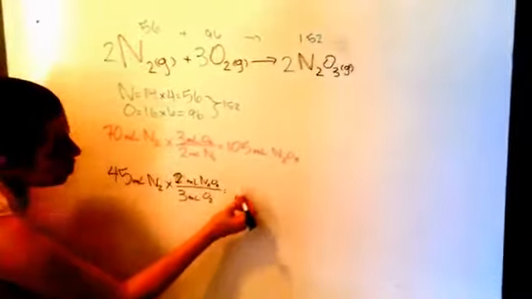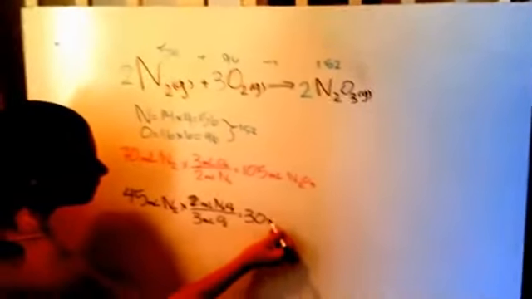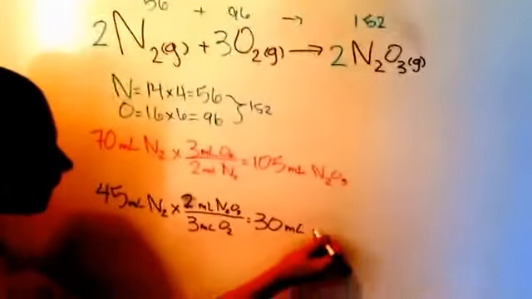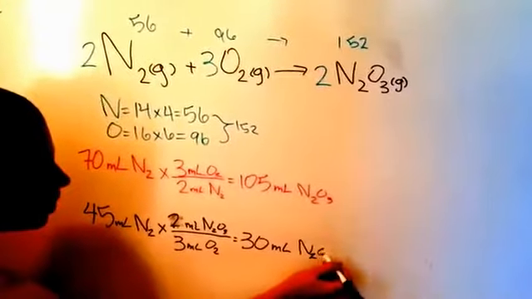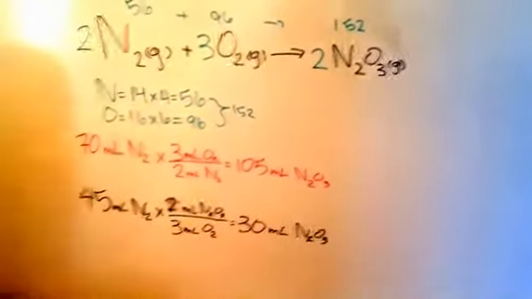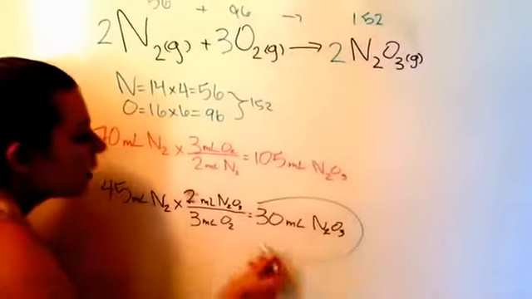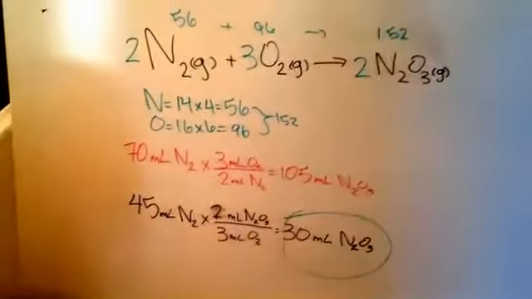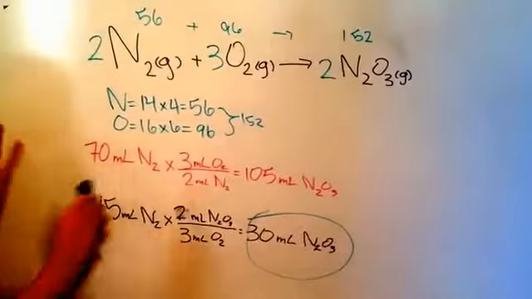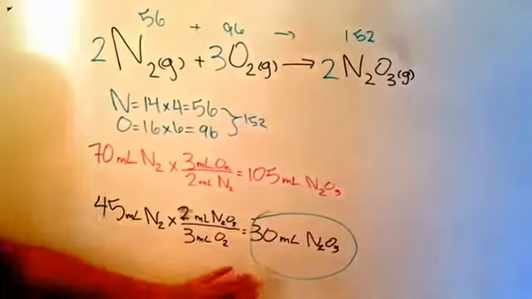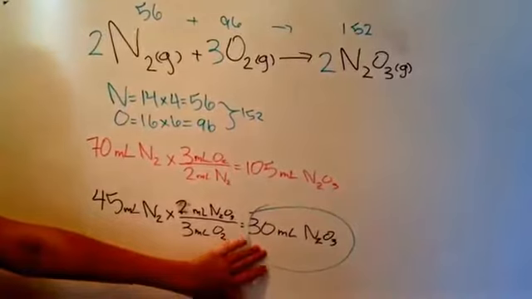And that is equal to 30 milliliters of N2O3. And that is our answer because it is the smallest number when you plug in all the numbers and everything. So that is our final answer, 30 milliliters of N2O3. And thank you for watching.